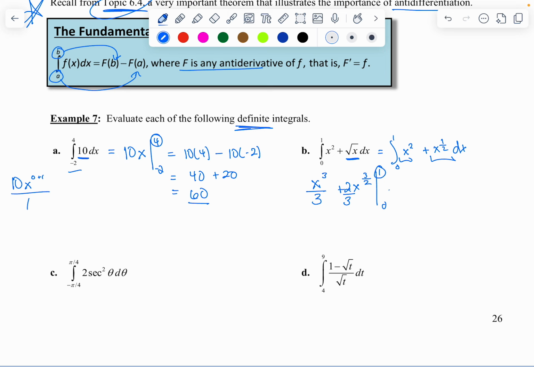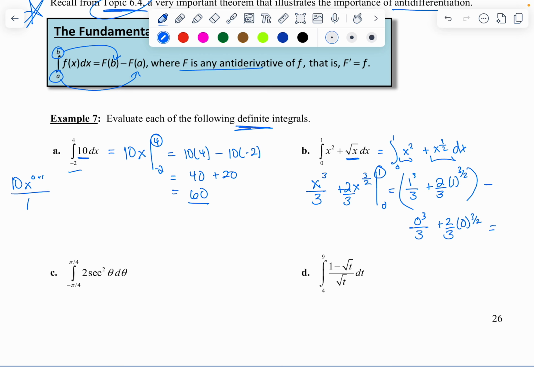So now I'm going to take that 1 and plug it into the function. So we get 1 cubed over 3 plus 2 over 3 times 1 to the 3 halves. And then we're going to subtract, plug in 0. So 0 cubed over 3 plus 2 over 3 times 0 to the 3 halves.